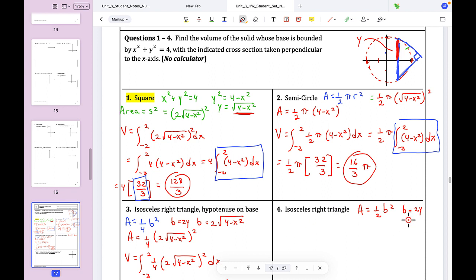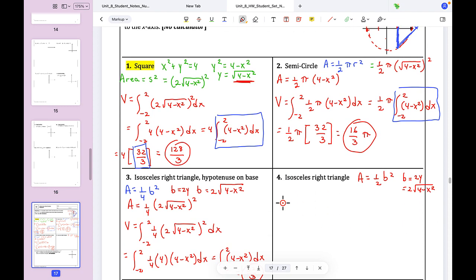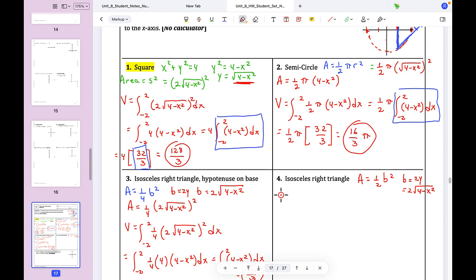So my base is 2 times the square root of 4 minus x squared. Figuring out the base, that's the key to the whole problem, right? Area equals 1/2 base squared, so 2 times the square root of 4 minus x squared, squared.